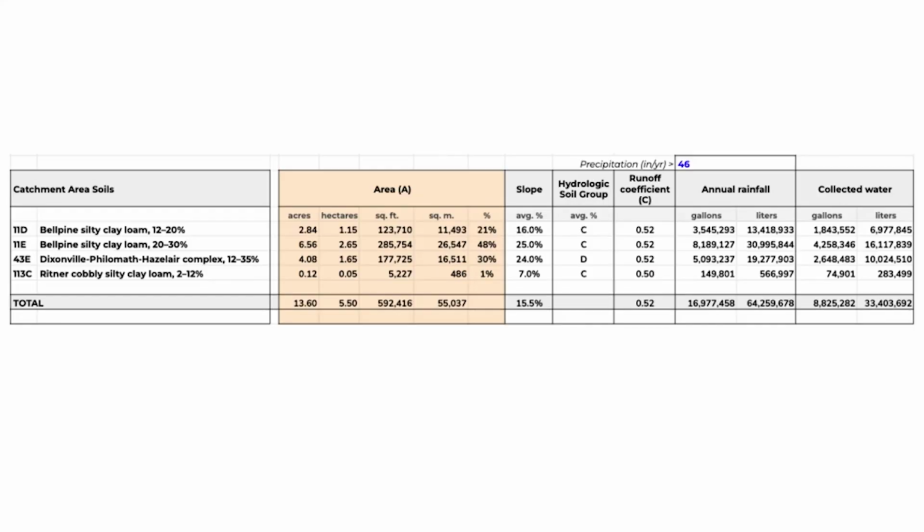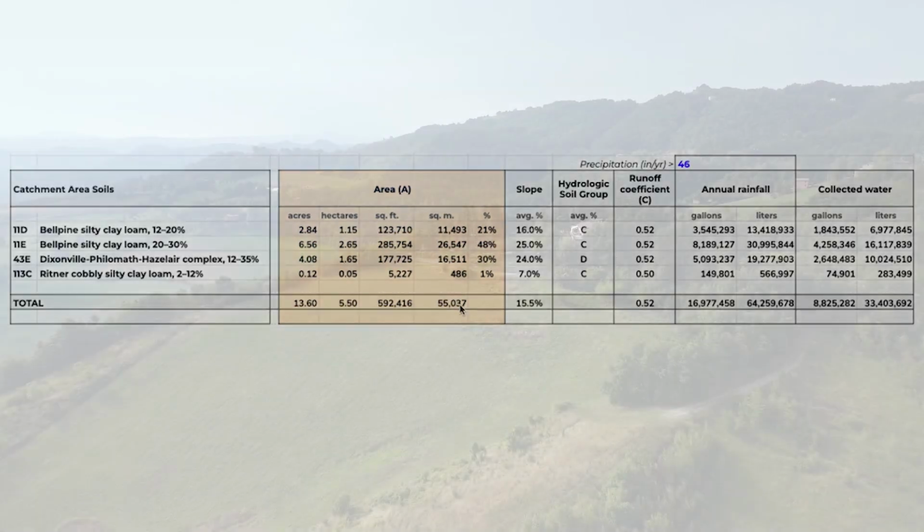So we can now plot this area into a spreadsheet, and you can see we've represented the soils of the catchment area, and we have the area in acres, hectares, square feet, and square meters plotted out for each of these soil types. We can get an area for each type as well as an area for the entire basin.